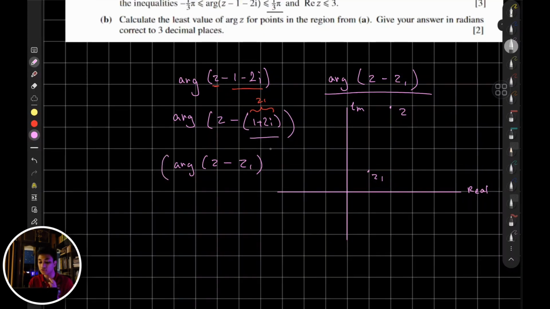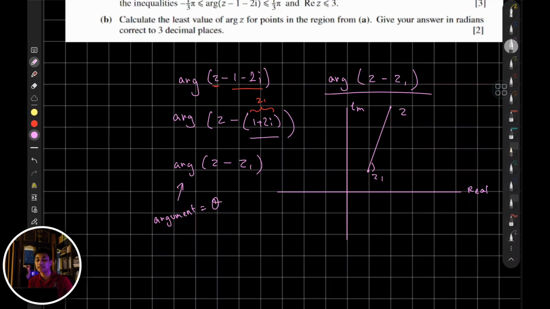What does argument of z minus z1 mean? This means that if you join these 2 points, what is the angle you get? What is the meaning of argument? Argument is basically the theta. Why do they call it argument?